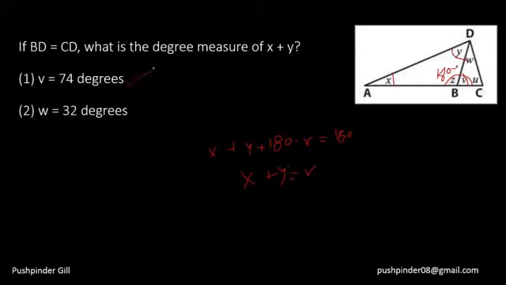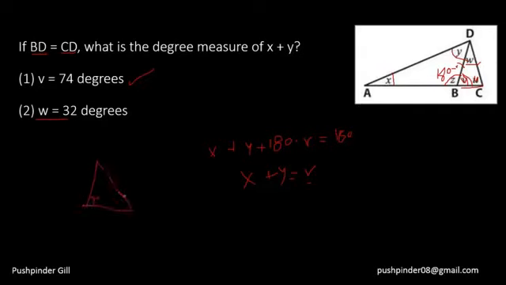Well, you know what? This pretty much gives me the value of v. But if I see the second statement as well, it says that BD is equal to CD. That means this side is equal to this side. That means V is equal to U. And if I know the value of W, I would be able to calculate the value of V pretty easily, isn't it? Similarly, I'm going to show you here.